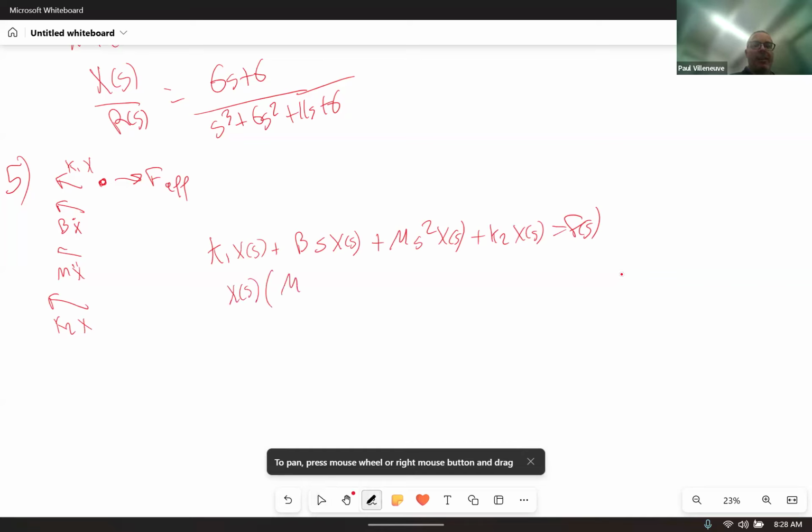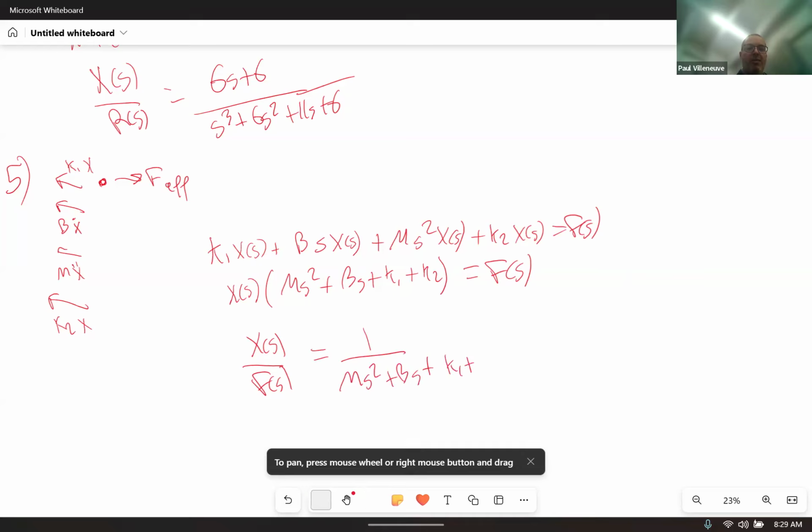So that's m s squared plus b s plus K1 plus K2 equals F of s. My transfer function, X of s over F of s, because it's output over input, is equal to 1 over m s squared plus b s plus K1 plus K2.